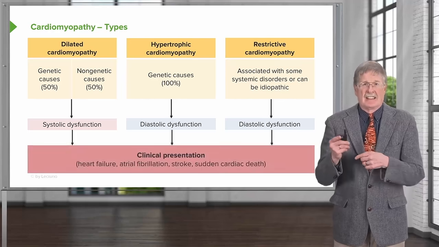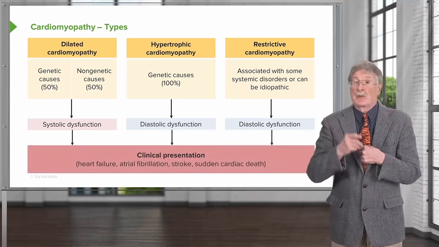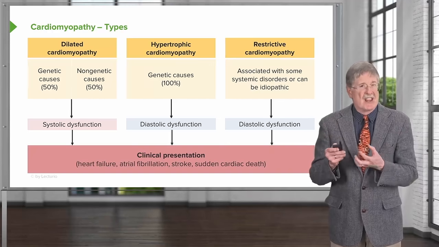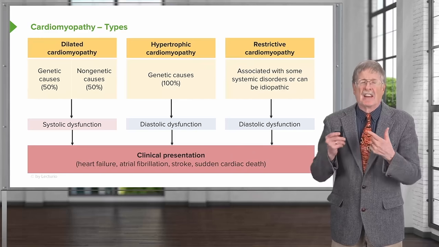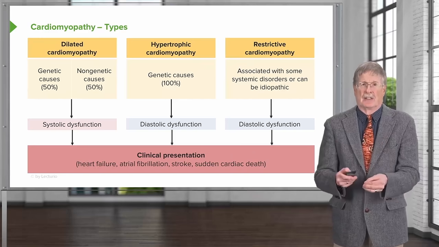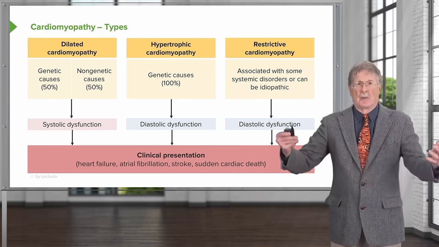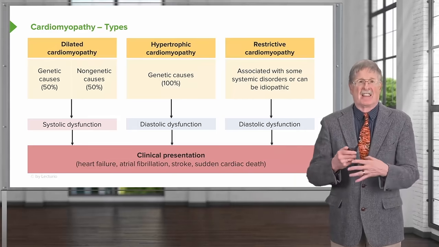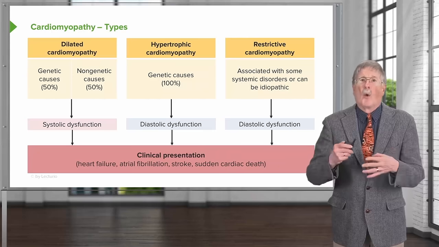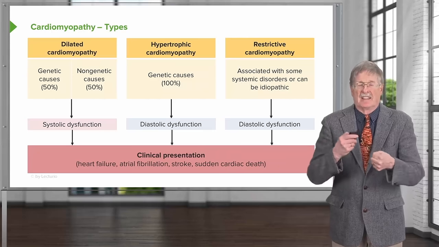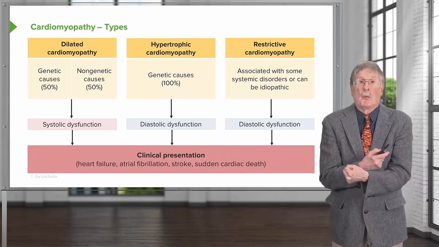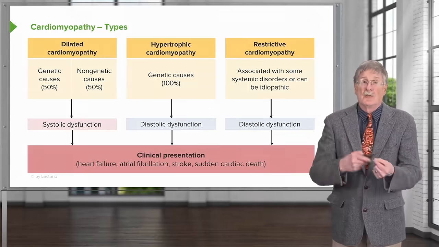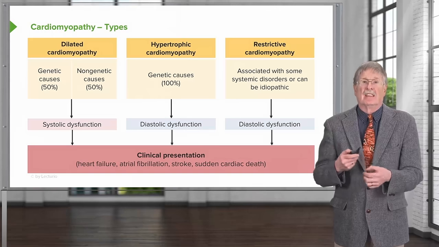In all of the cases, whether it's dilated, hypertrophic, or restrictive, the clinical presentations are pretty much the same. It's heart failure. We have inadequate pump function to perfuse the rest of the body. And as the heart either dilates and the valves fail, or as we have increased squeezing with poor relaxation, we tend to get regurgitant flow into the atrium.